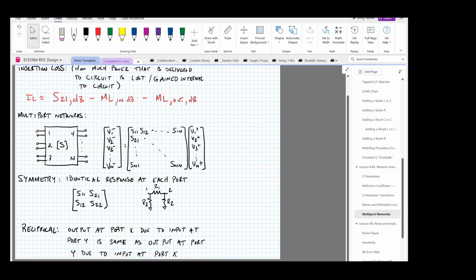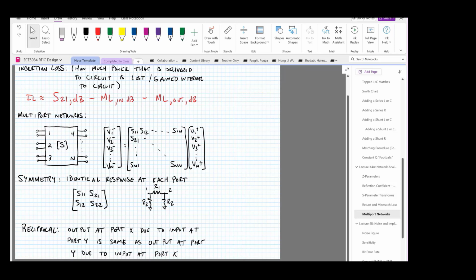Okay, there are special networks that we like to talk about from time to time. So some of our networks are symmetric. If you, for instance, have a resistive circuit that looks like this, I have R1 in series and R2 shunted to either side, it stands to reason that this circuit behaves the same way whether I connect the circuit as input at port 1 or at port 2.